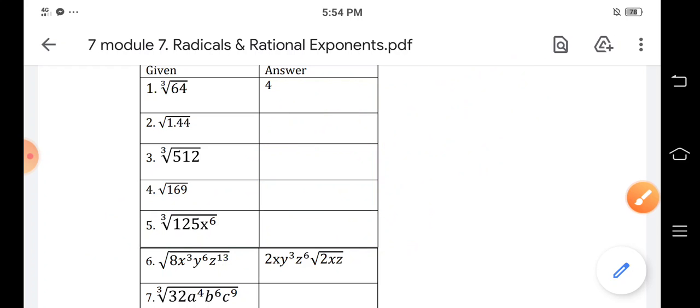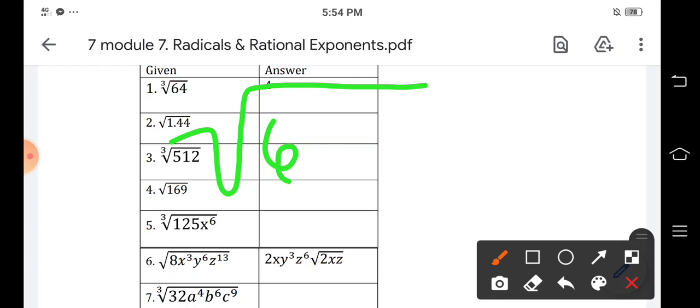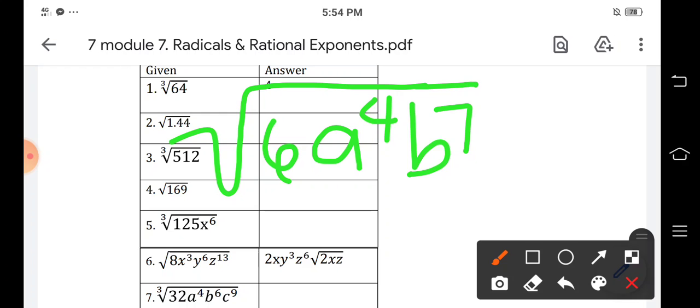How about another example? Say we have the square root of 6a to the fourth and b to the power of 7. The square root of 6 we cannot simplify, so it stays as is.